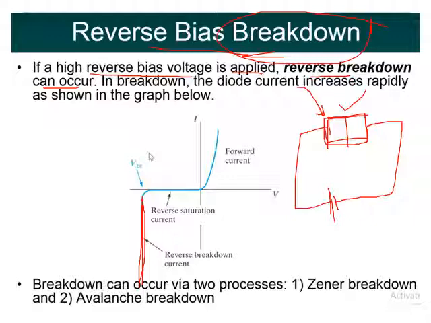In the same way, if we buy any device, a diode or a transistor, a data sheet comes along with it, and that data sheet gives us the worst case conditions, the best case conditions, everything is present in the data sheet.